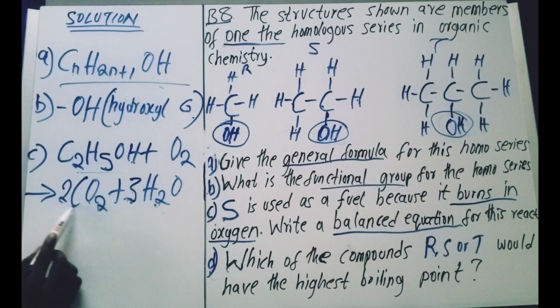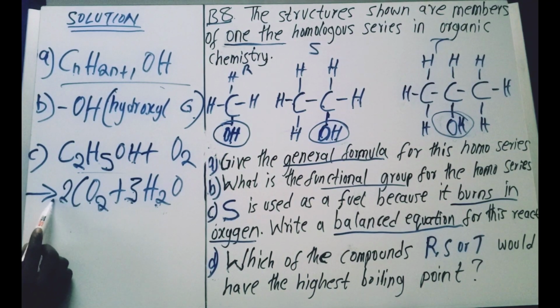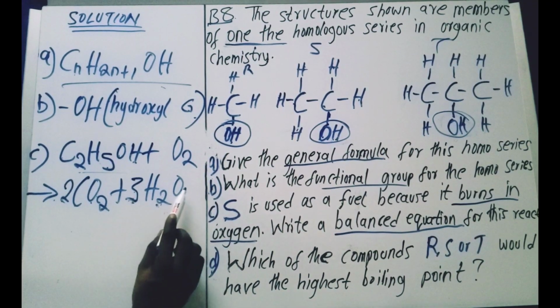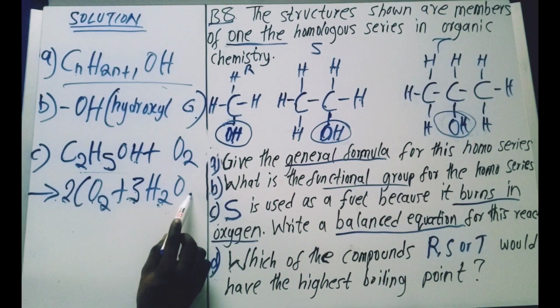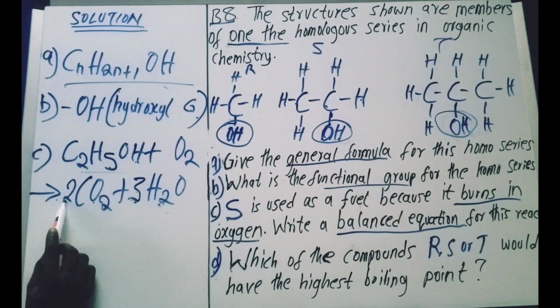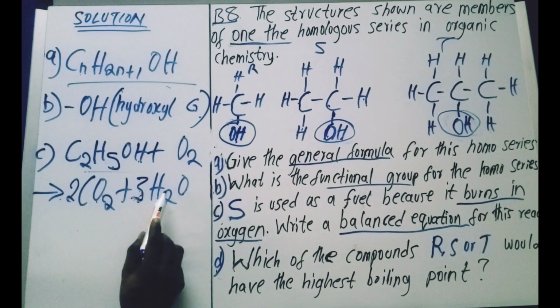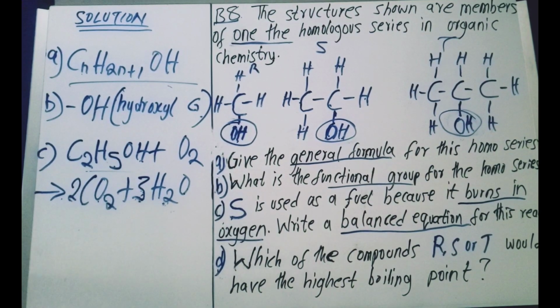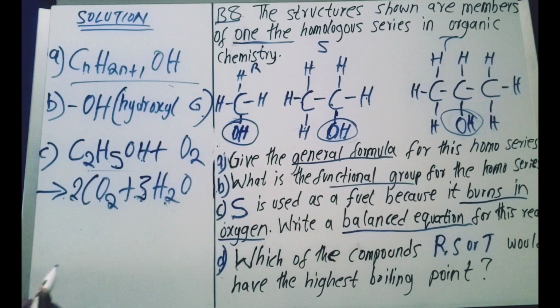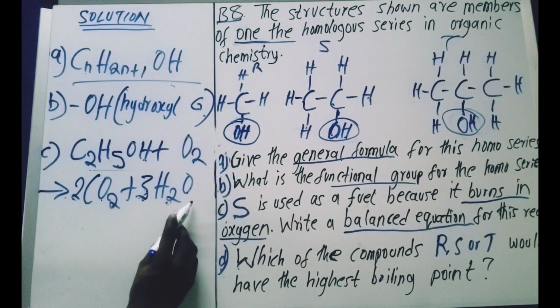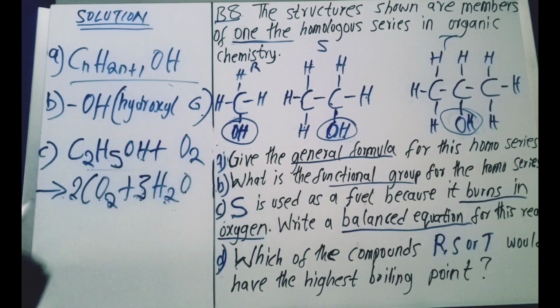It is 4 plus this 3, because even this one is affecting everything. Meaning we have 4 plus 3, which is 7. So we have 7 oxygens on the products. But here we only have 2 plus 1, 3.